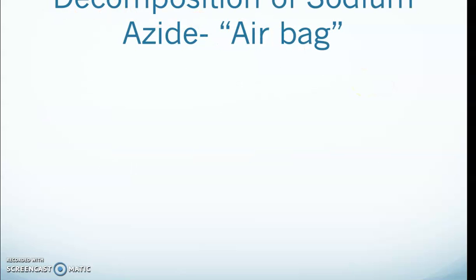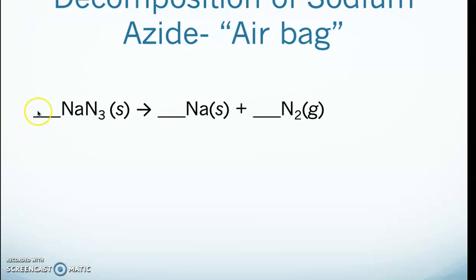Now the last one here is the decomposition of sodium azide, which is basically found in your airbag. Now, sodium azide is NaN3. It's a solid. When NaN3 breaks down, it forms its respective elements. It forms your Na and N2.